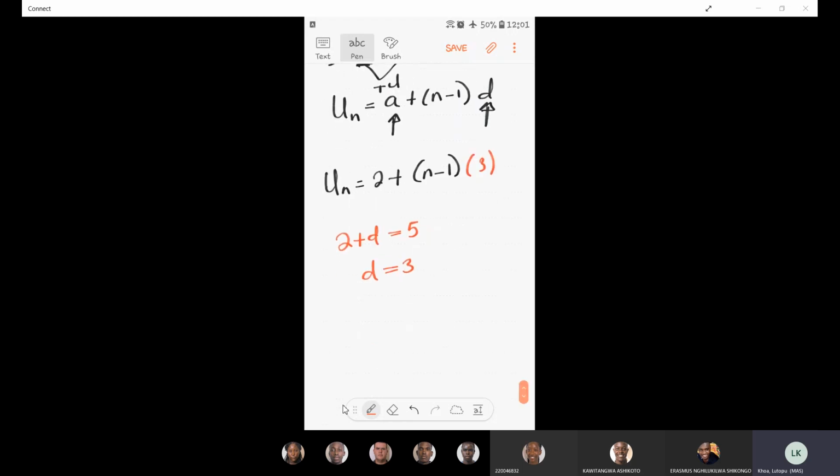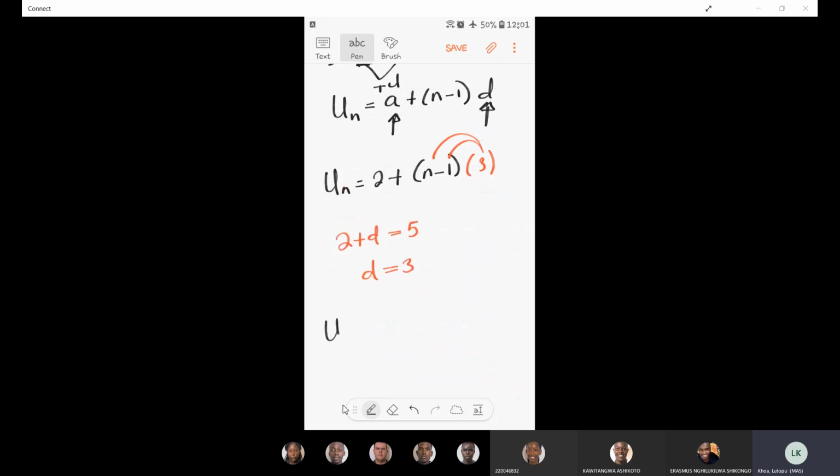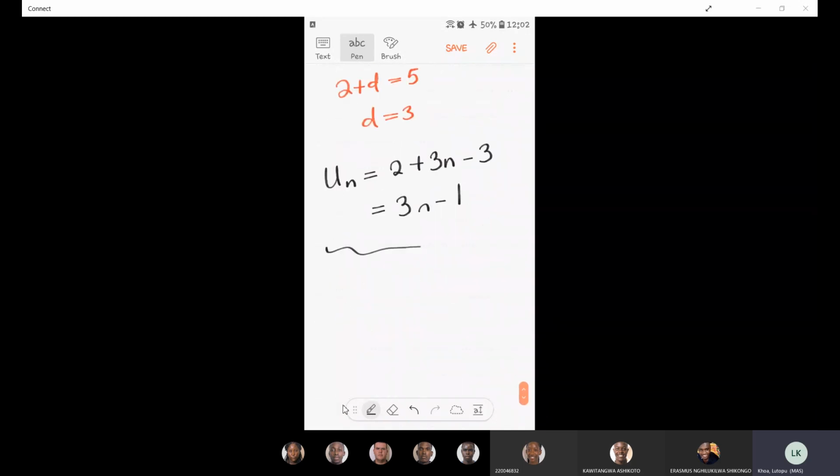Okay, then I will multiply my brackets out and simplify as far as possible. So I have un equals 2 plus 3n minus 3. This is just 3n minus 1. So again, very quickly, you check your formula, see if it's correct.